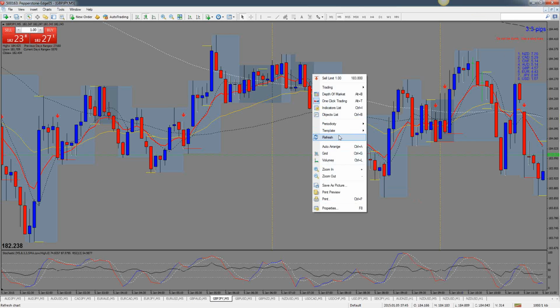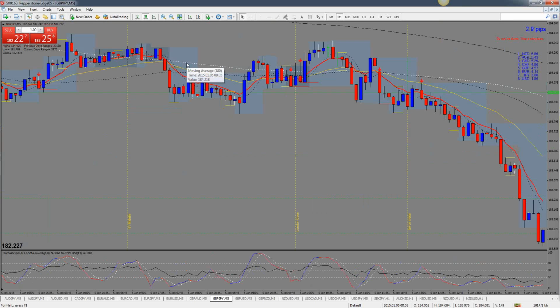So I'm just going to do a couple of really quick refreshers as to what we're trading. We're trading the 10 and 30 EMA in direction of trend, and for our trend we're using the 180, the 90, the 30, and the 10.